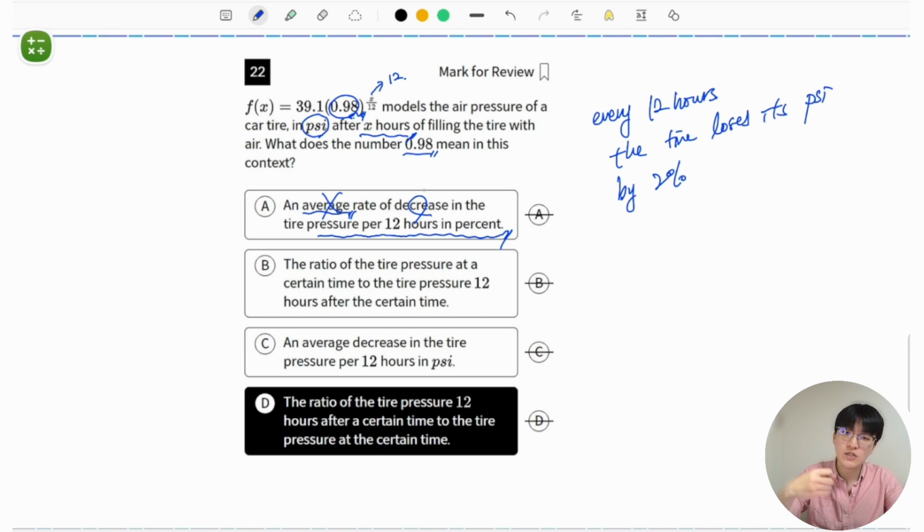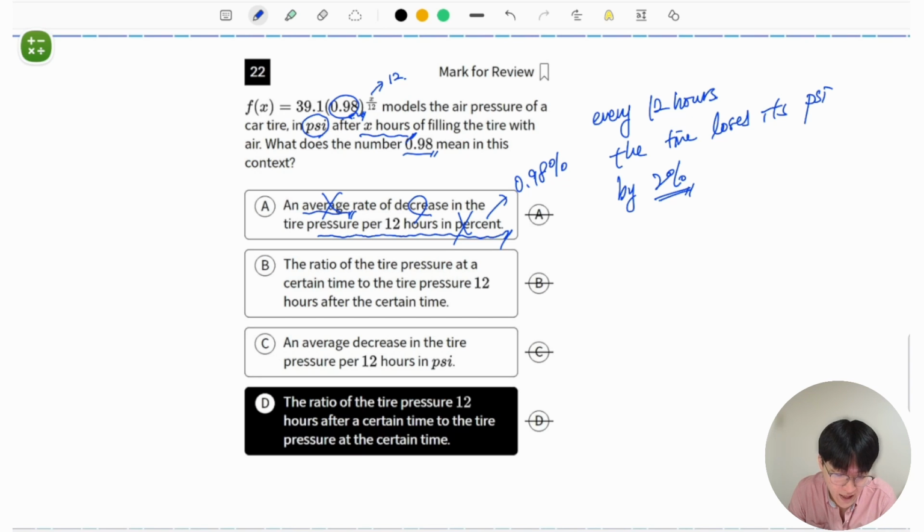It is a percentage value turned into a number value. So what this is saying is every 12 hours, the tire pressure is decreasing by 0.98%. No, right? It's decreasing by 2%. So that is incorrect.